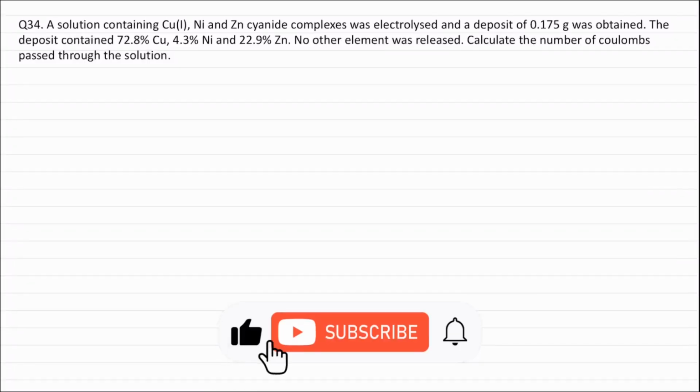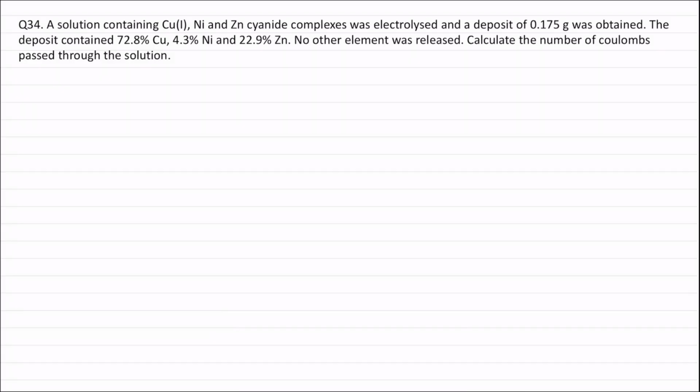Question 34. A solution containing copper 1, nickel and zinc cyanide complexes was electrolyzed and deposit of 0.175 gram was obtained. The deposit contained 72.8% copper, 4.3% nickel and 22.9% zinc. No other element was released.